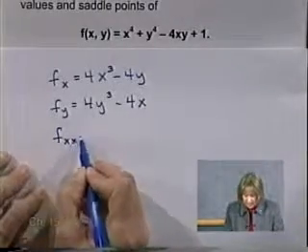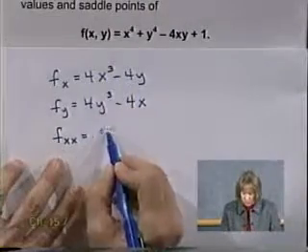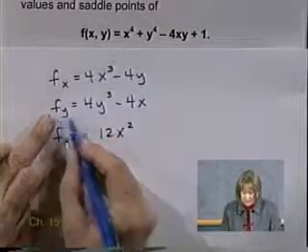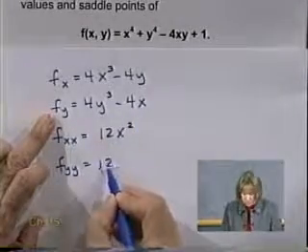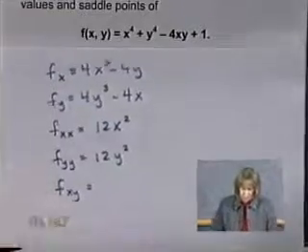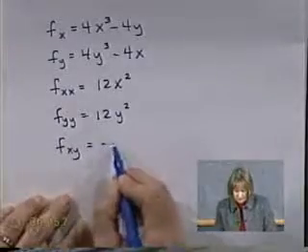So fxx is going to be, taking the partial of this with respect to x, 12x squared. And fyy is going to be the partial of this with respect to y, which is going to be 12y squared. And fxy, taking the partial of this with respect to y, is negative 4.